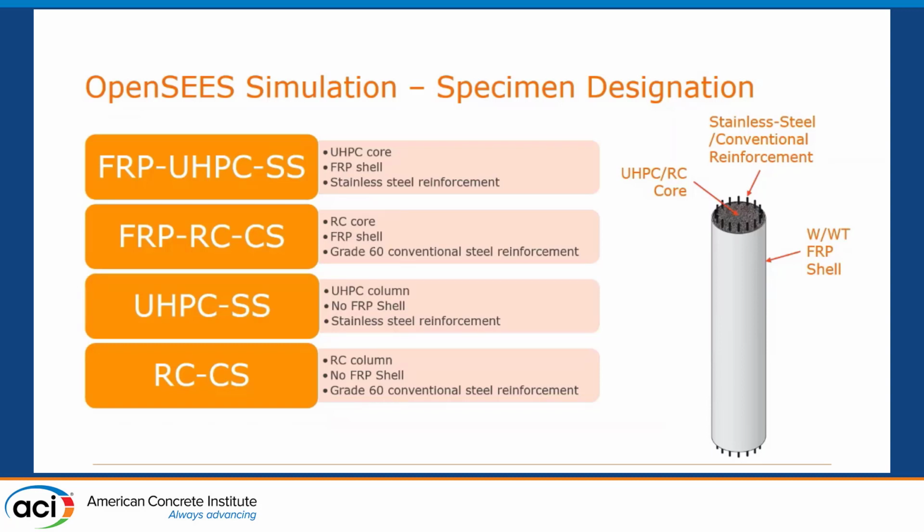So we come up with the two conventional specimens designated by RCCS, reinforced concrete with conventional steel, and then we replace the reinforced concrete simply by UHPC and stainless steel. And then from a previous study, we have the FRP to confine the reinforced concrete, and then finally we replace the reinforced concrete by UHPC. So the 4 specimens.